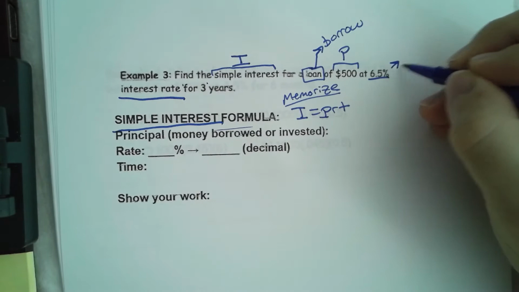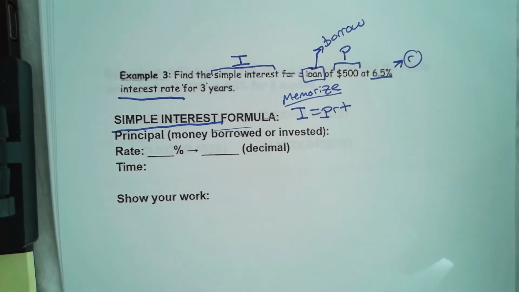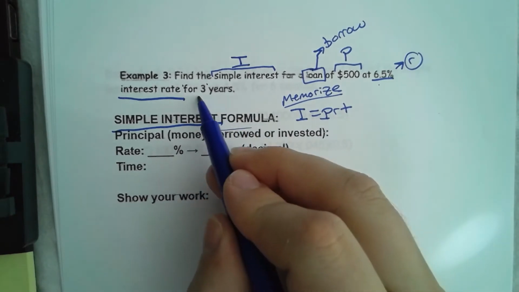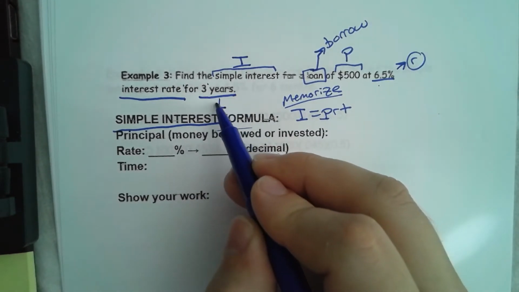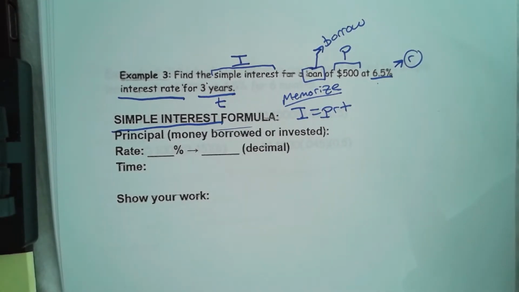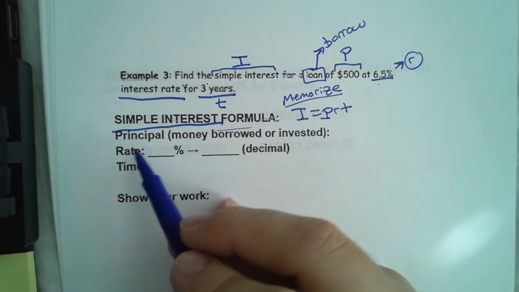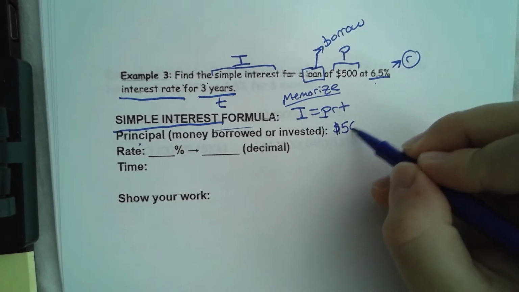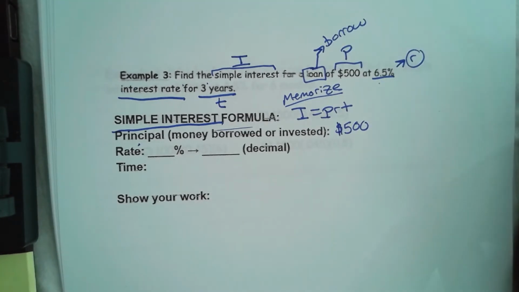This right here is going to be my R, my interest rate. And then 3 years, this is the time, okay? So the principal is $500. That's how much money I borrow.